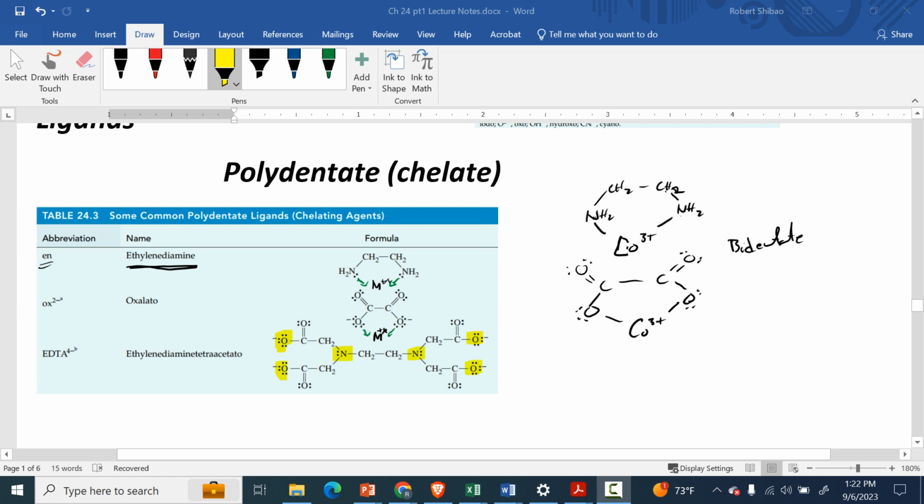So we left off looking at these bidentate ligands.